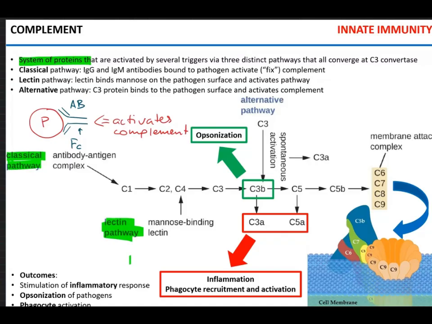Second route is lectin pathway. Okay? So imagine you have a pathogen. And on the surface, it has a sugar called mannose. That sugar can bind another sugar that is present on human cells called lectin. Okay, so there's binding.